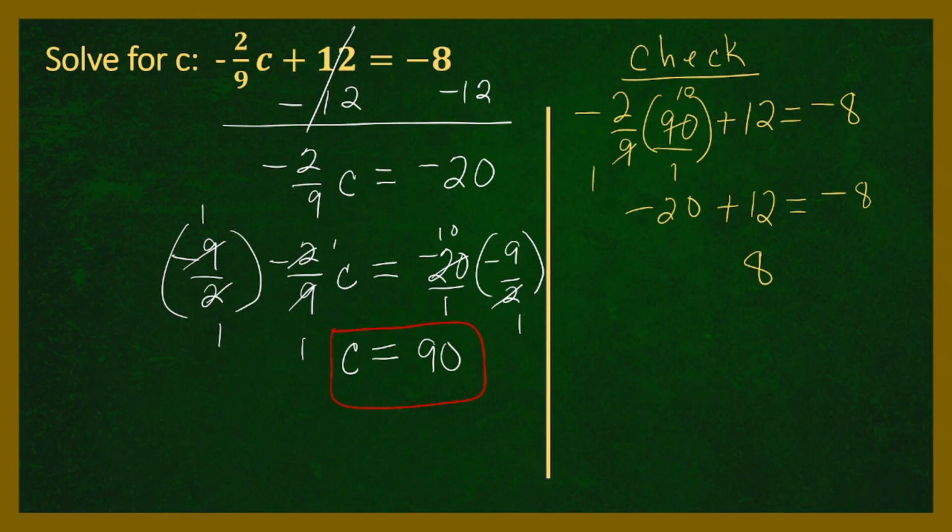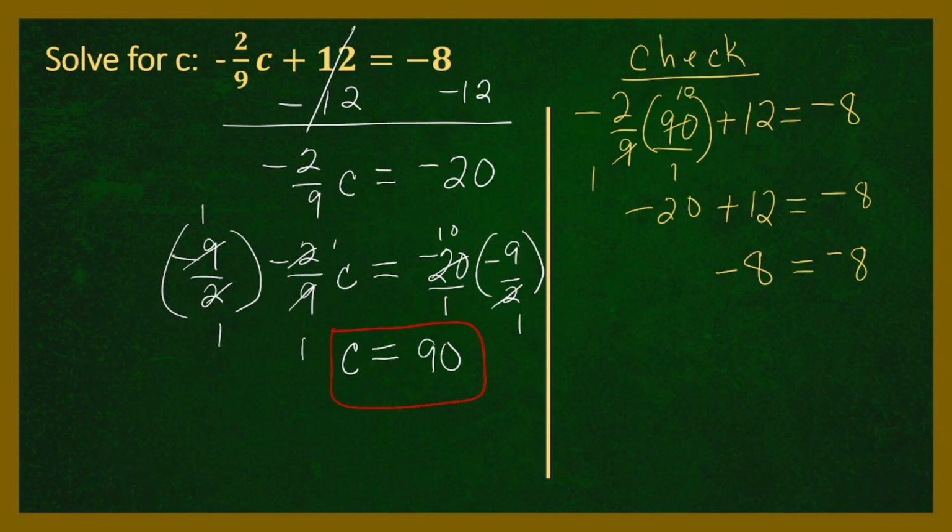Since 20 is larger than 12, and our 20 here is negative, our answer is going to be negative. And negative 8 does equal negative 8. So once again, our equation checks out, and our answer for C is 90.